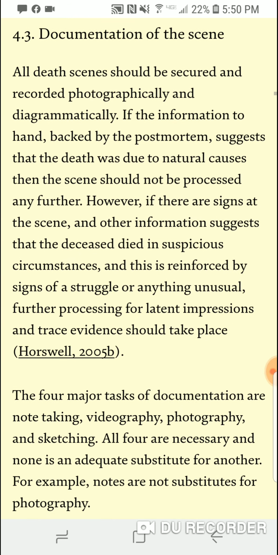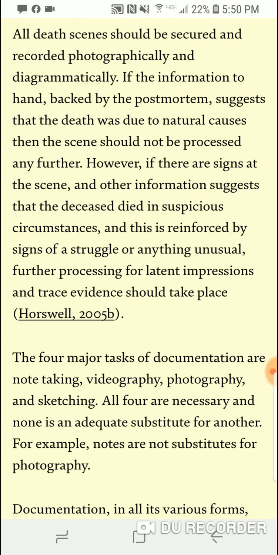This is not melodrama, just intellectual satisfaction for exploring an extremely important, educational, and fascinating aspect of death investigation. Documentation of the scene. All death scenes should be secured and recorded photographically and diagrammatically. If the information to hand, backed by the postmortem, suggests that the death was due to natural causes, then the scene should not be processed any further.